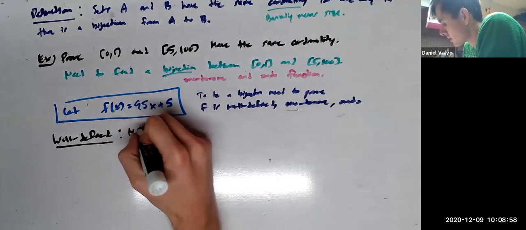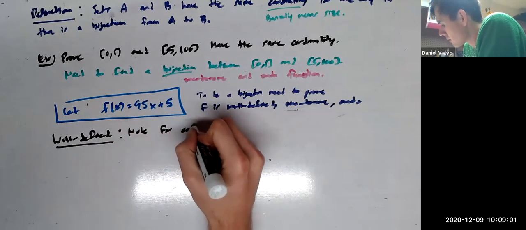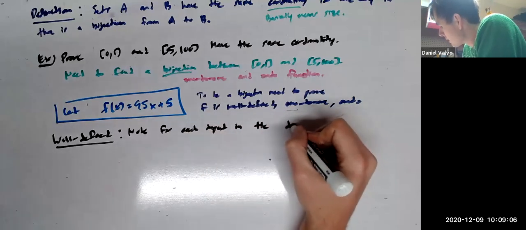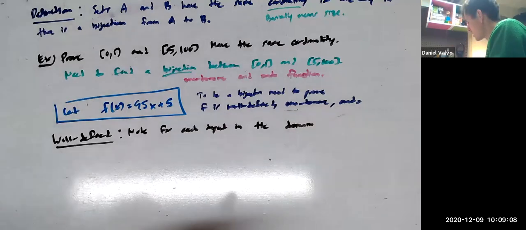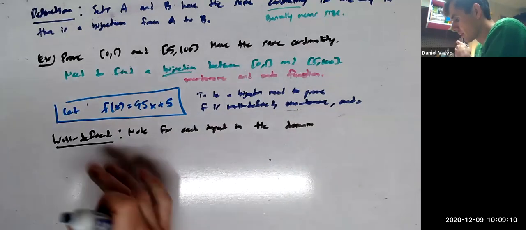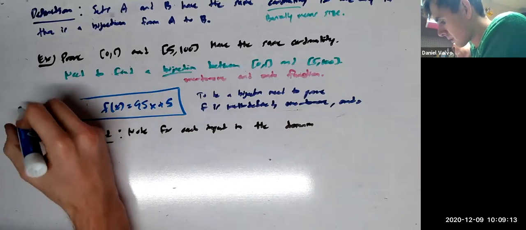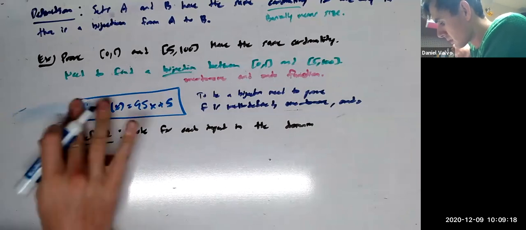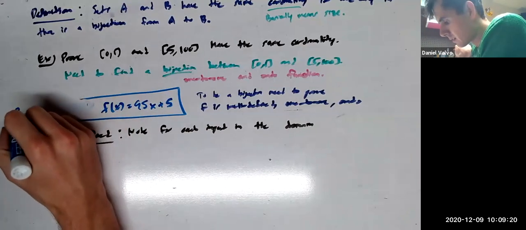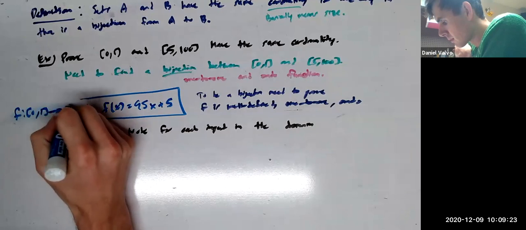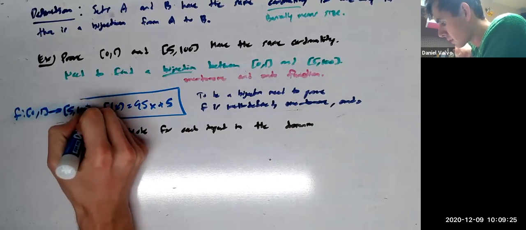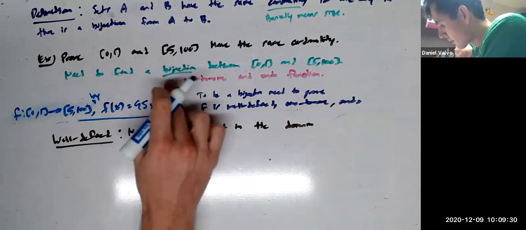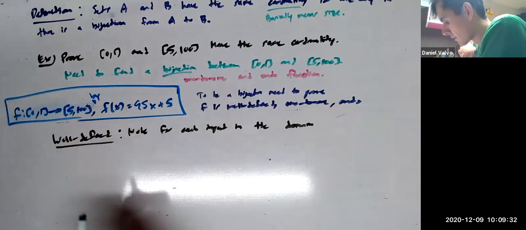So note, by the way, we should specify here that f goes from 0, 1 to 5, 100, just like we want, where f of x is 95x plus 5. Good.